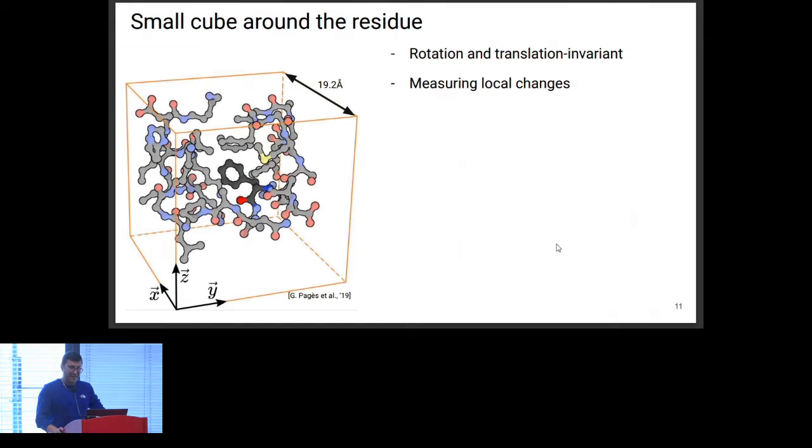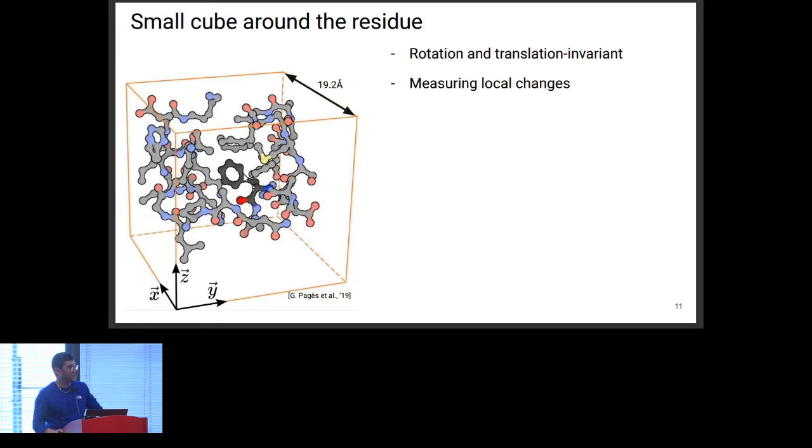To do so, we adapted an approach called ornate, in which a residue and its environment are represented using locally oriented cubes. These cubes are centered and oriented based on the common scaffold of the backbone of the central residue.